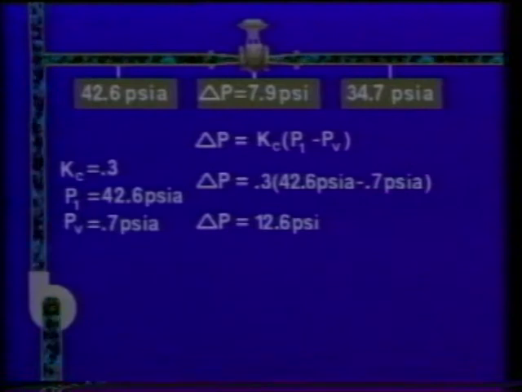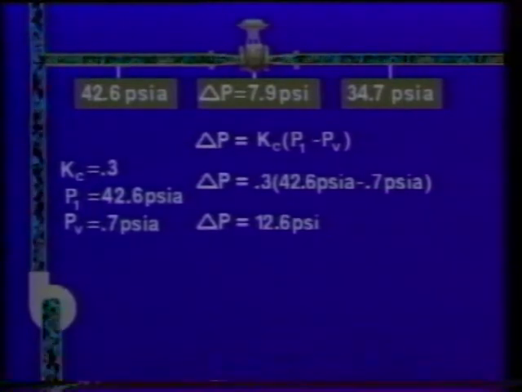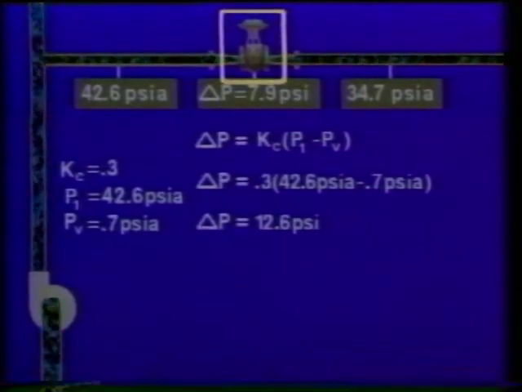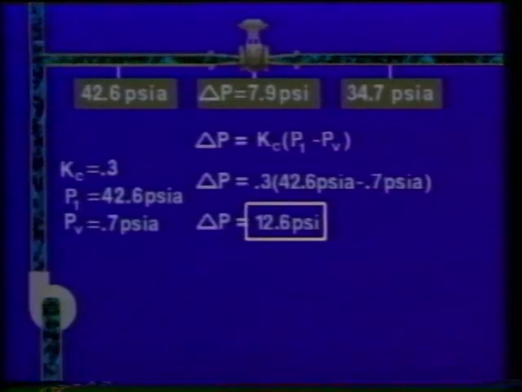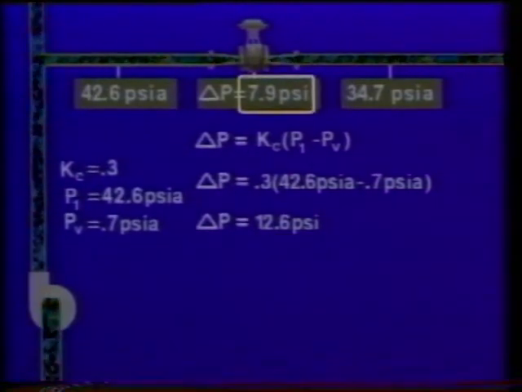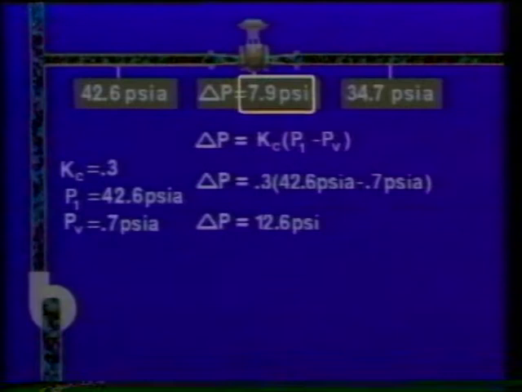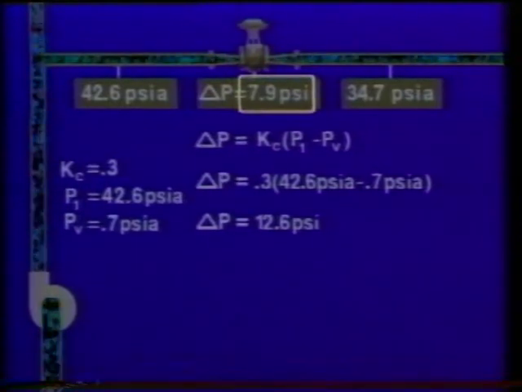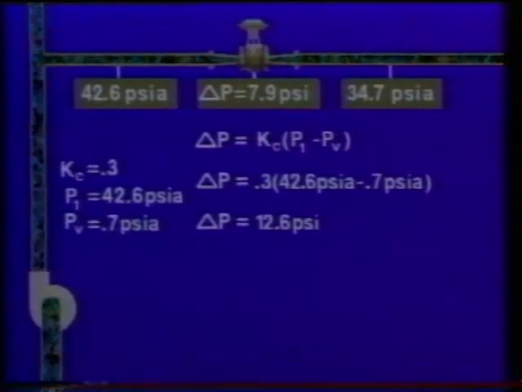Substituting these values into the equation, we find that when differential pressure across this valve reaches about 12.6 psi, cavitation will begin. Because the expected differential pressure across the valve is only 7.9 psi, cavitation should not normally occur.